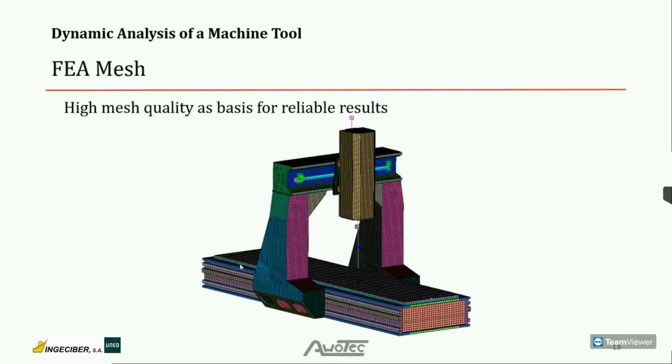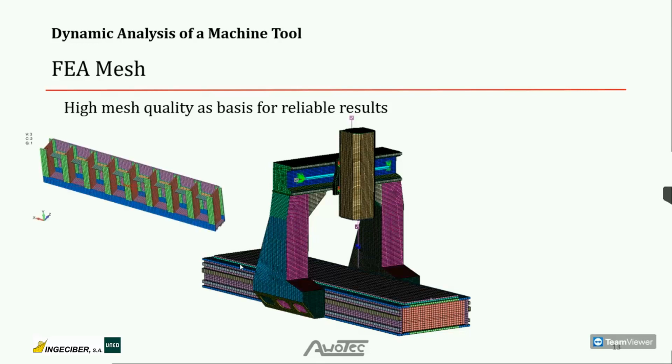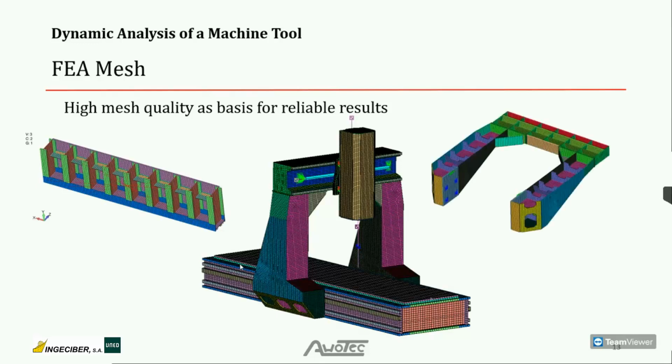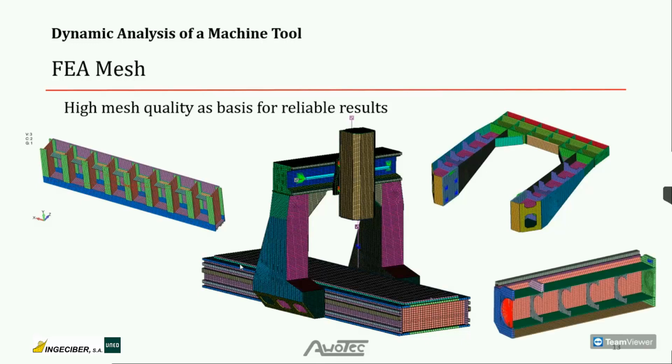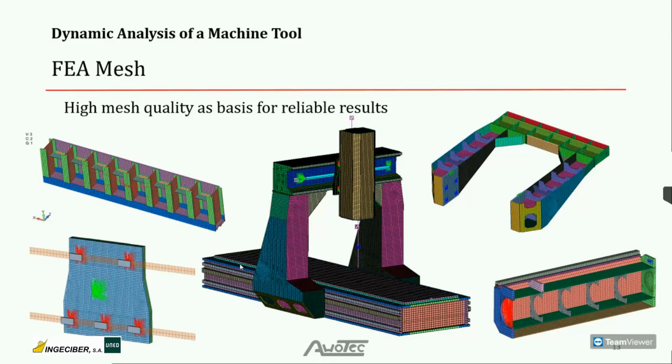And in this case, we used mostly 4-node plate elements with additionally some beam elements or solid elements. And the best shape for these 4-noded plate elements is a pure quadrilateral shape. And yes, as you can see on these pictures, we tried to get the best mesh quality possible.